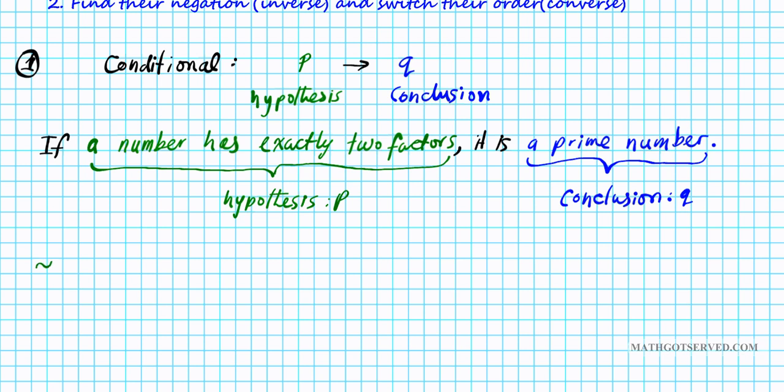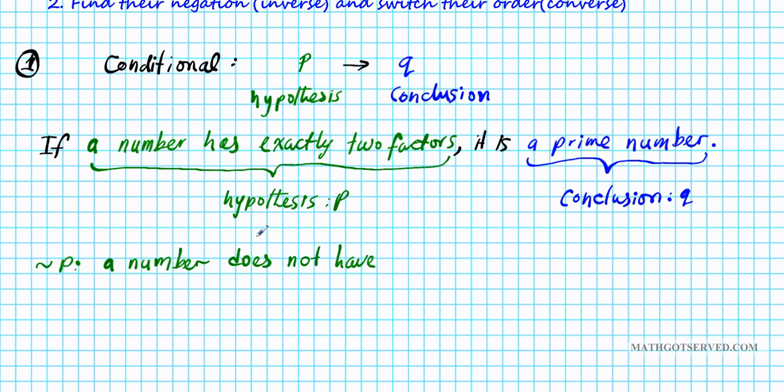What is the negation of P? A number has exactly two factors. See that has there? We're going to change it. A number does not have two factors. Does not have. Have and does not have are opposites, right?